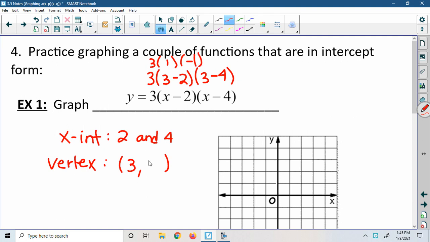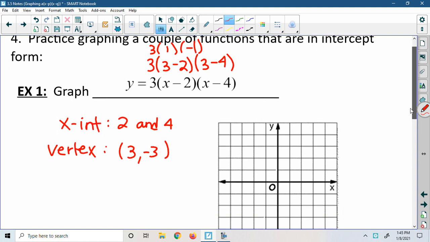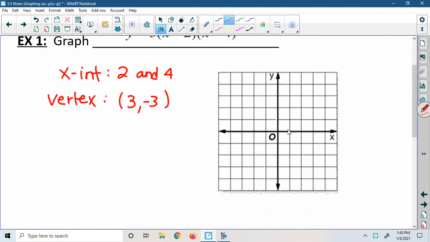Multiply those all together and you'll get -3 for the y-coordinate of the vertex. And that's really enough to graph it. If you graph your two x-intercepts and then you graph your vertex, then you've got enough where you can draw in your parabola. Sorry, mine looks so bad on this little tablet that I'm using. Super hard to be accurate with your drawings when you want to be.